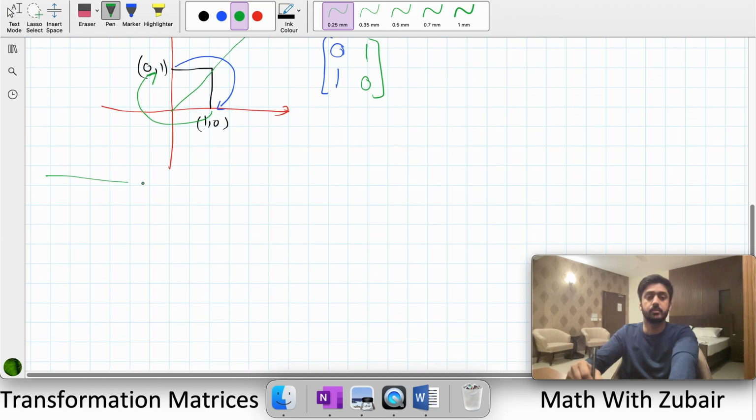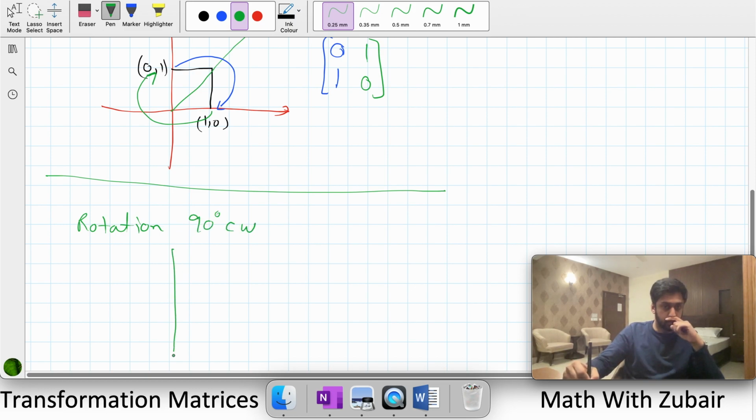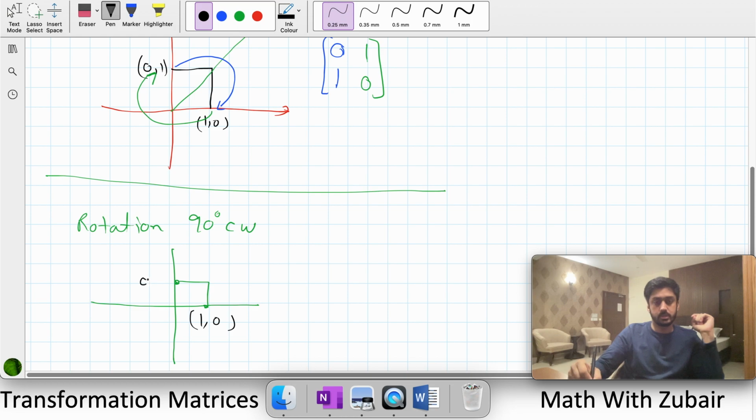Now let's jump to rotation. Rotation 90 degrees clockwise. So every time you have to take the same points. So this is x1, y0, this is x0, y1. So when both of these will rotate 90 degrees, this point will come here about the origin.